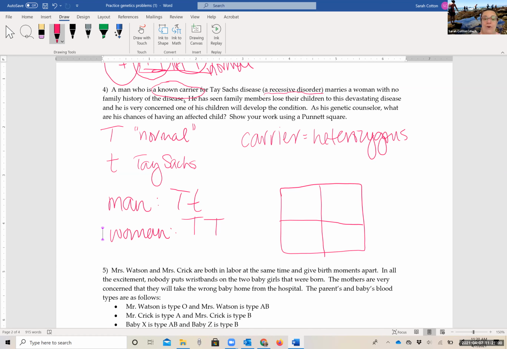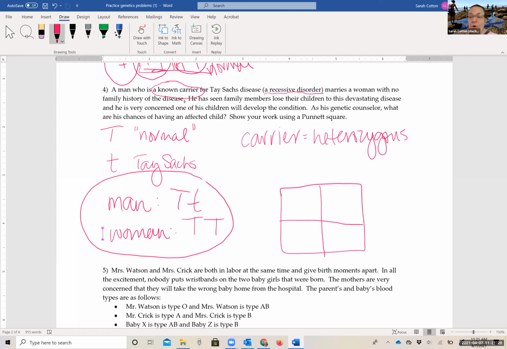Okay, well, remember that we make it specifically for these two parents, the man and woman. So maybe we should just do it how it is right now. Big T on the side, and then on top is big T, little t. Okay, and remember, I'm going to be like a broken record.